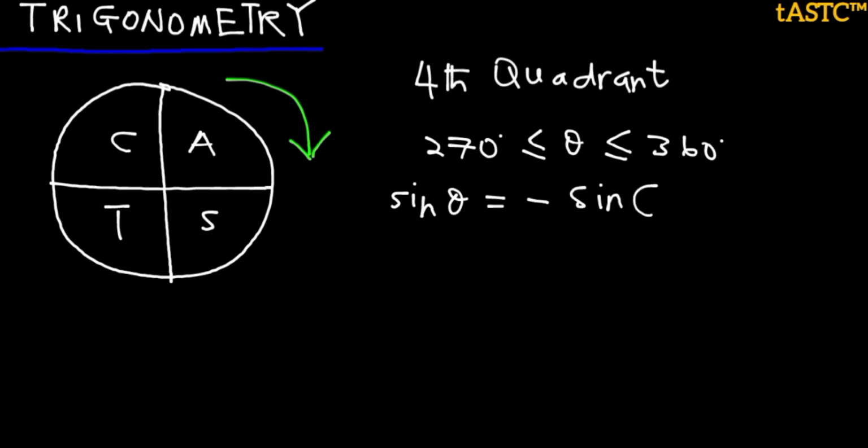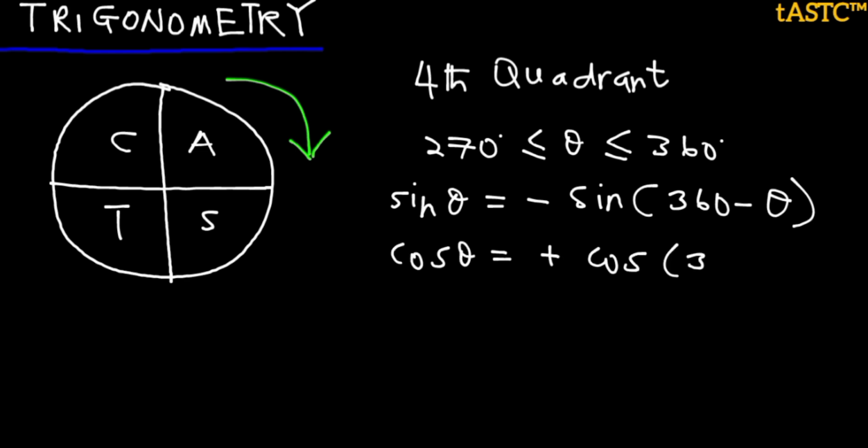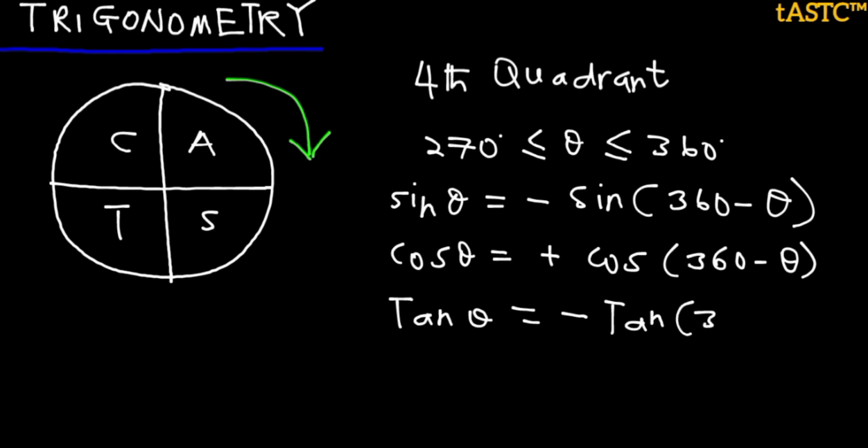So that will be sine of 360 minus theta. Now, if you have a cosine of it, that will be positive. So this will be plus cos 360 minus theta. And tan is also going to give a negative. So this will be a negative tan, and that will be 360 minus theta. So that is basically it for the quadrants of a circle.